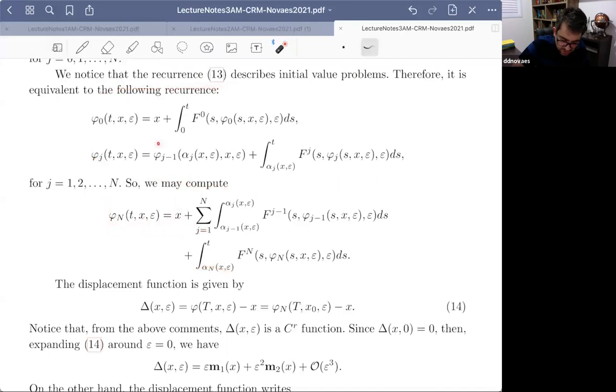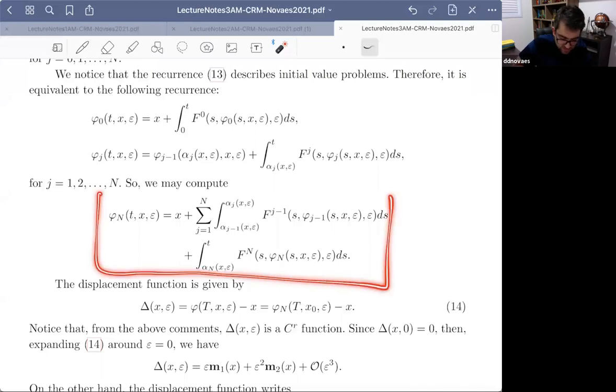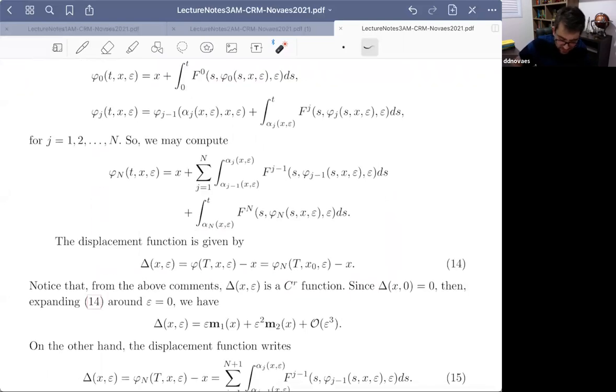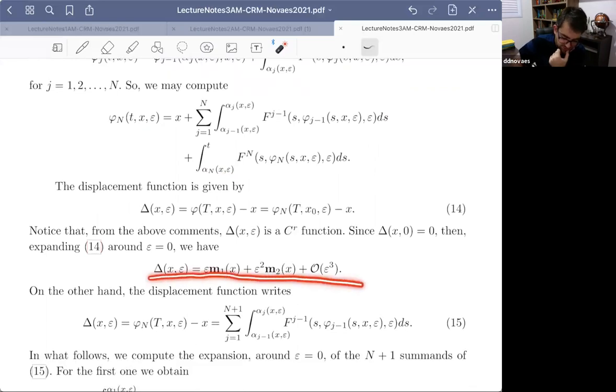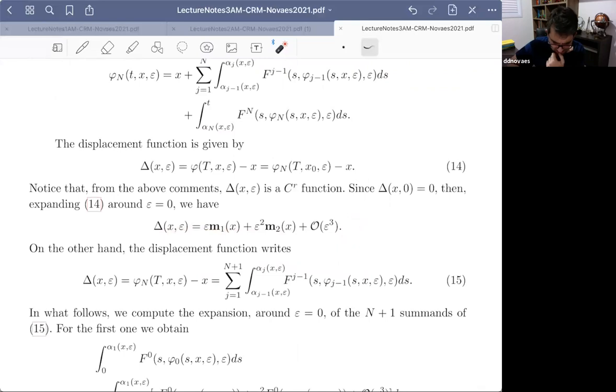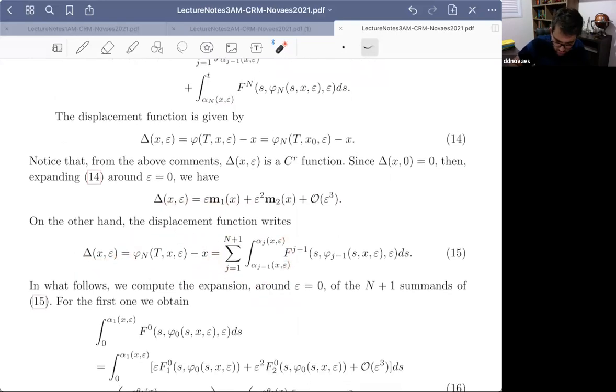I'm substituting the recursive formula for phi j given here, and doing so recursively we obtain this expression for phi n. As I said, the displacement function is given by this expression. Then the idea is to expand the displacement function like this. Since the displacement function is this difference, which is equal to the sum, what we have to do is expand this integral around epsilon equal to 0.